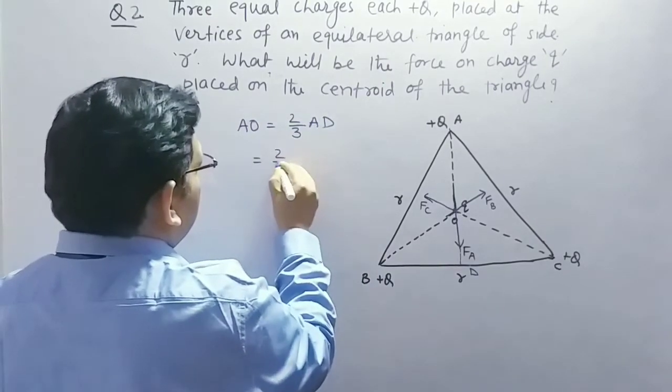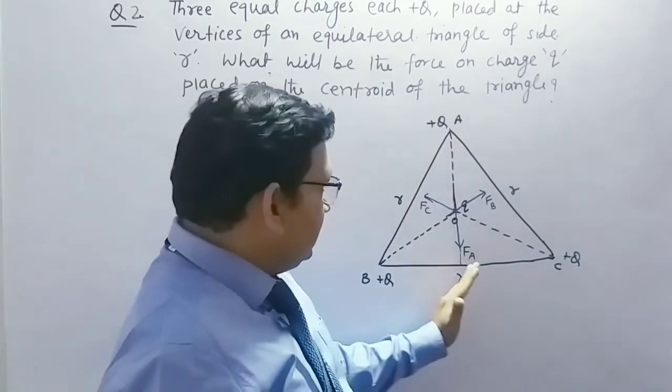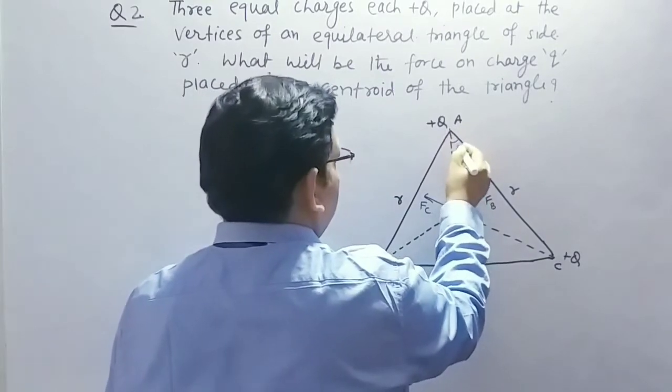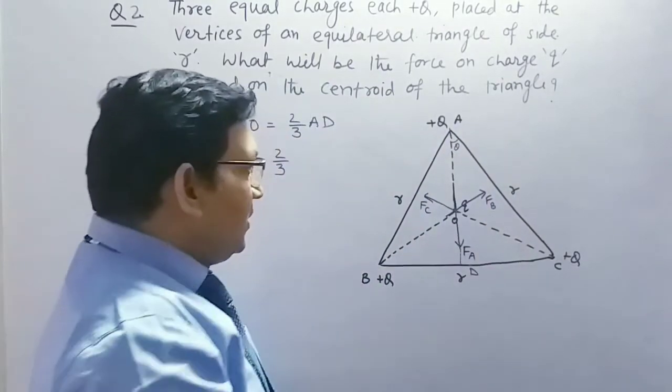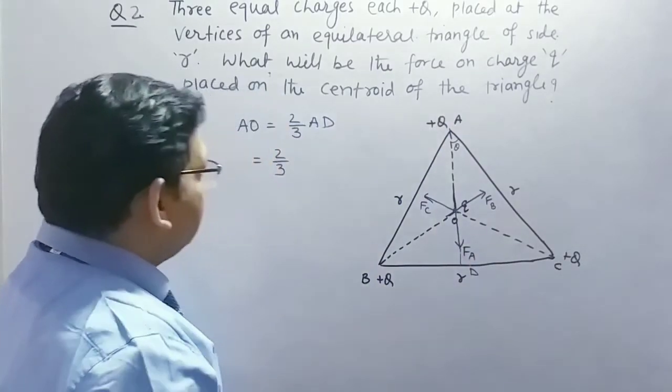Okay, 2/3 AD. In this triangle ADC, if we consider this angle theta, then AD can be written as AC cos theta.